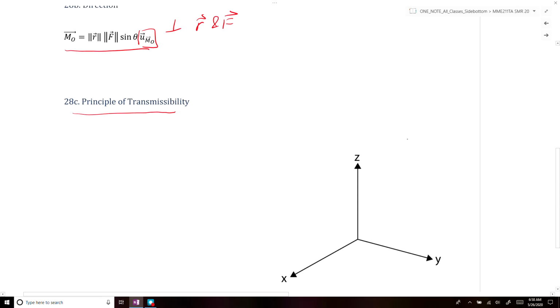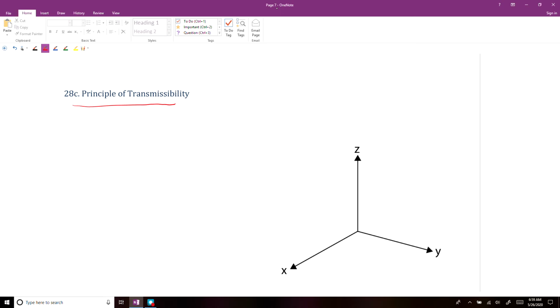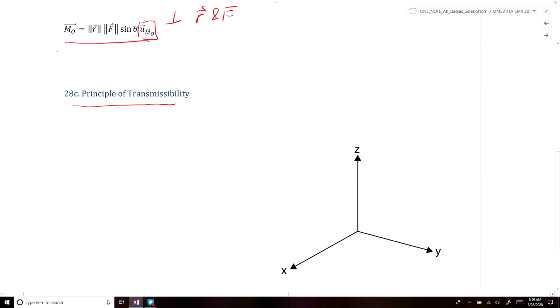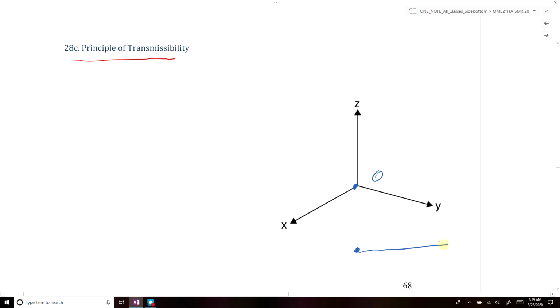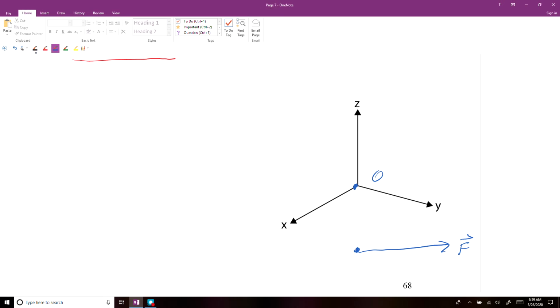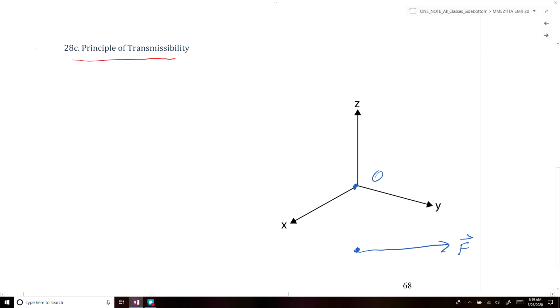For example, if you want to determine the moment about the origin of a force applied to the body at this point, and you know the force's direction and magnitude, you can define the position vector from the origin to the point where the force is being applied here.